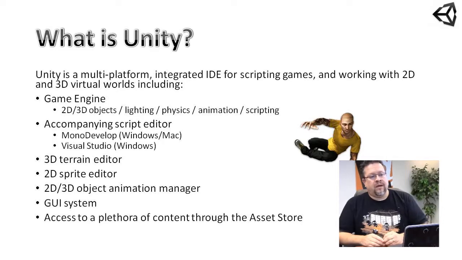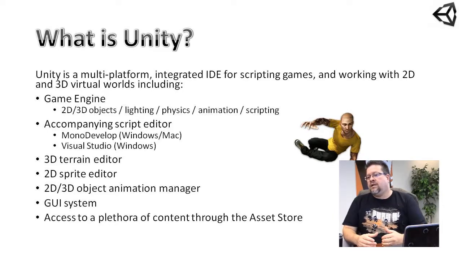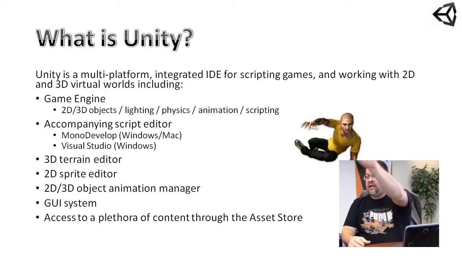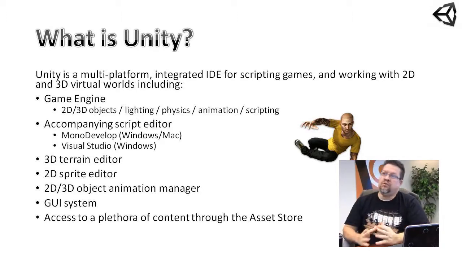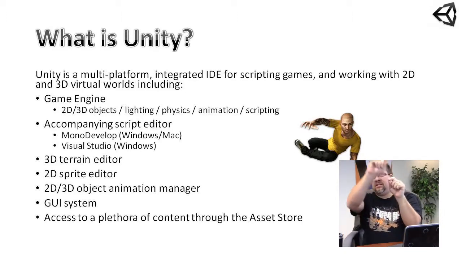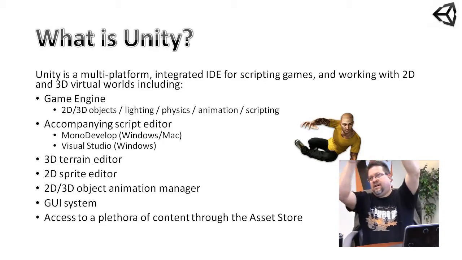There's also a 2D sprite editor. The 2D sprite editor was introduced within 4 to allow us to do animations and, from a sprite sheet that has multiple characters on it, to identify where they are, the location, and how to bring those in. That's beautiful because it saves a lot of hand coding that I had to do in Create.js, where I had to say from pixel 0 to pixel 256 X and then 0 to 256 Y or something like that.